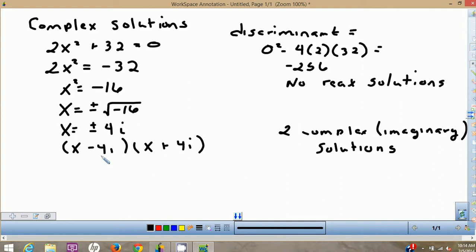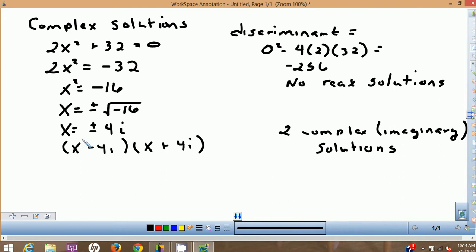You will never see one complex solution without another complex solution. And that other complex solution is its conjugate pair. Imaginary numbers like this always have imaginary friends. If you've got 4i as a solution to your quadratic, you are going to have negative 4i as a solution to your quadratic. They're never going to occur just one at a time.